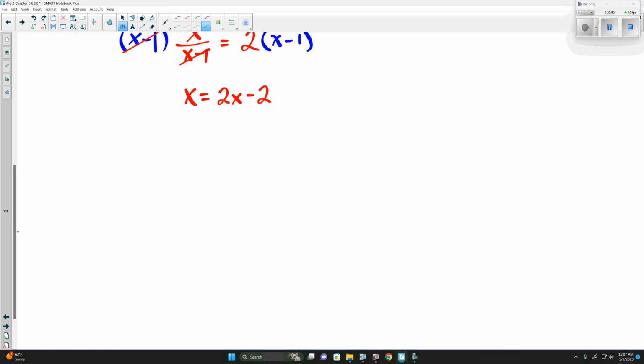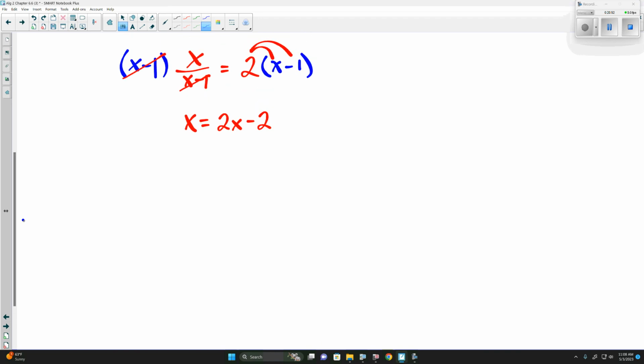Well, we can still solve for the value of x from here. But what would we need to do first? So let's focus in. We can minus 2x.